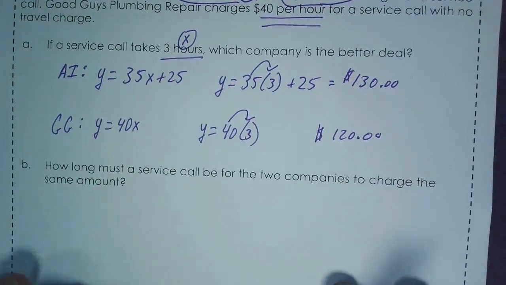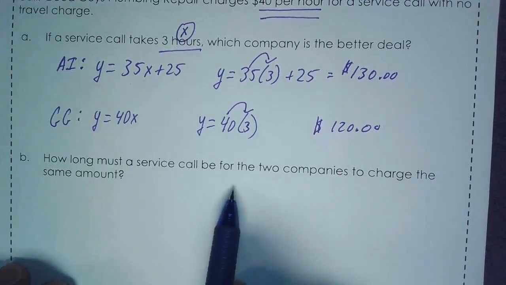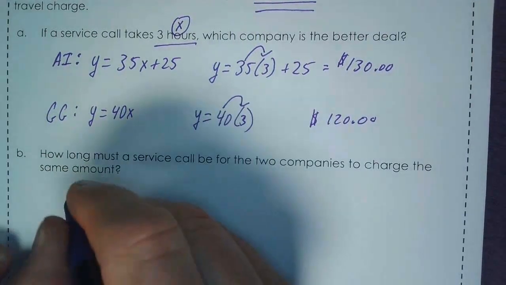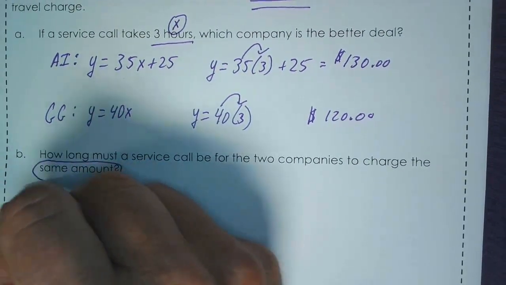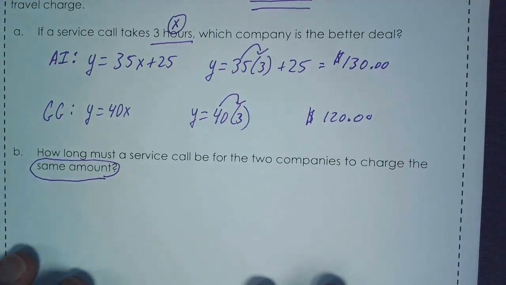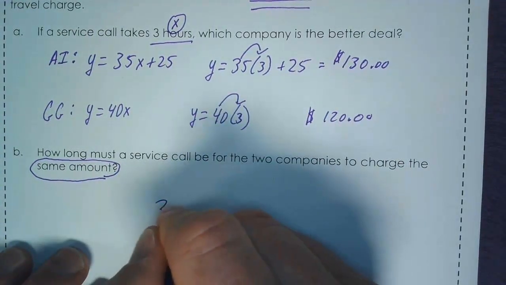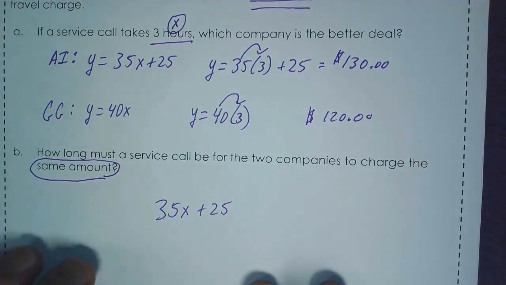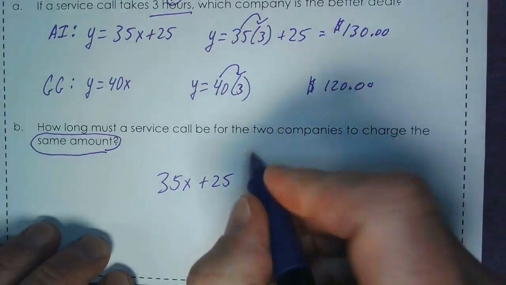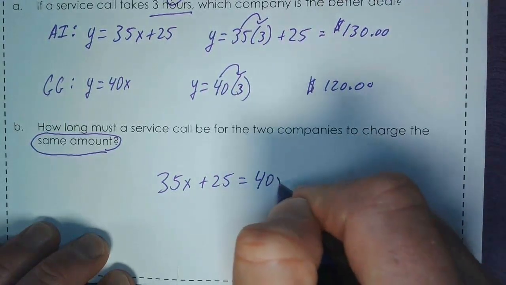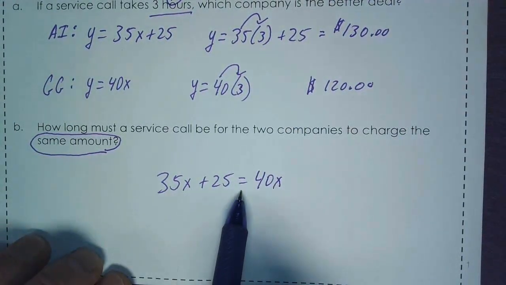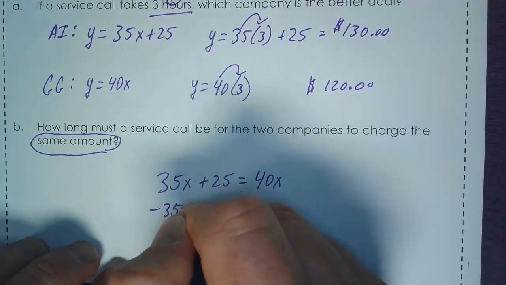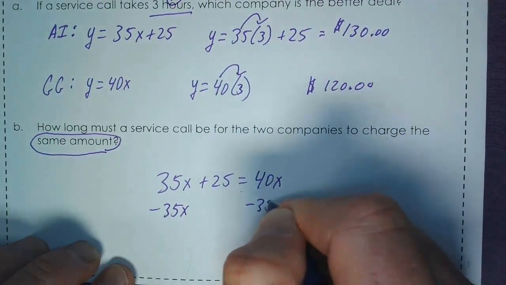Okay, second word problem. How long must the service call be for the two companies to charge the same amount? So the key is the same amount. So we're going to take the two equations and set them equal to each other. Here's company A1, and then the other company has an equation of 40x. The same amount, that reminds you to set them equal to each other. So now I'm just going to solve for x.